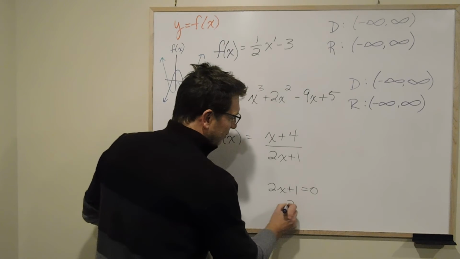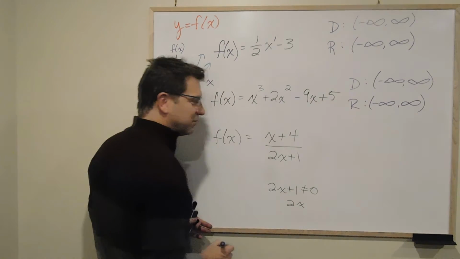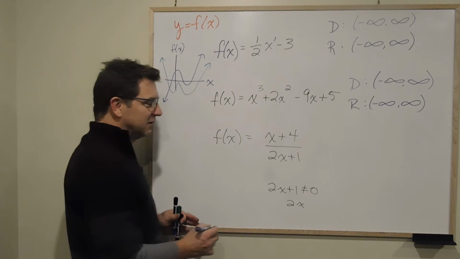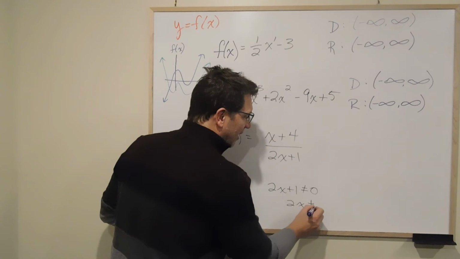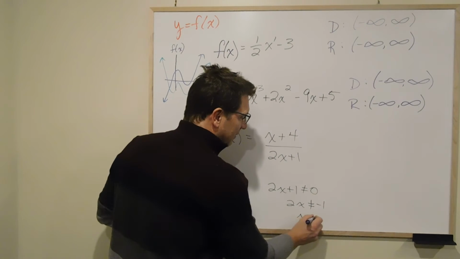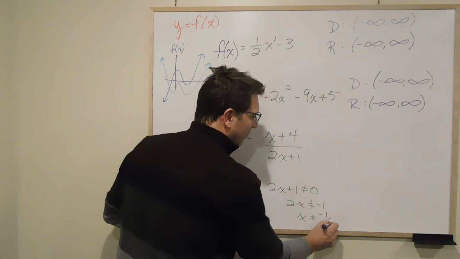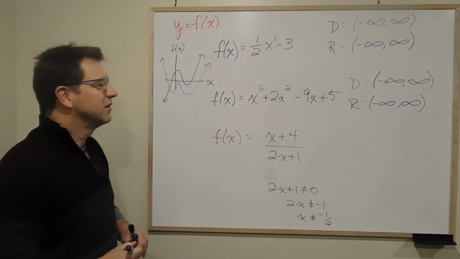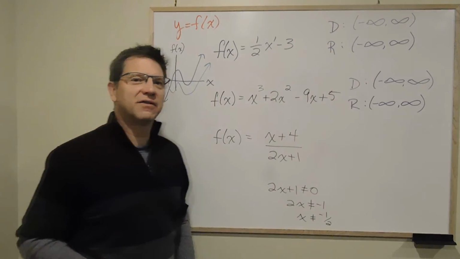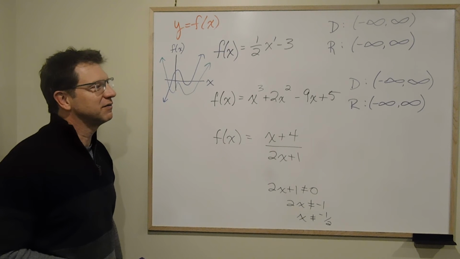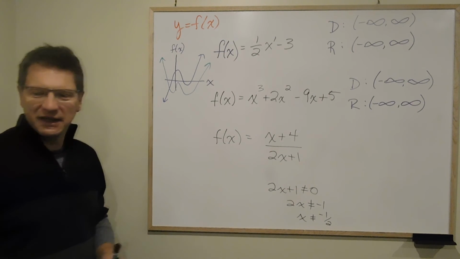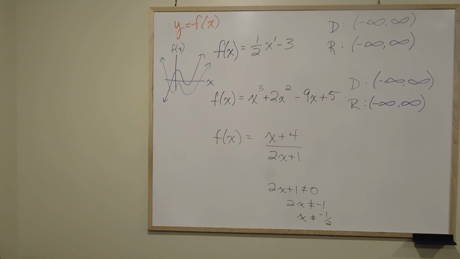So we say, okay, 2x plus 1 cannot equal 0, which means 2x cannot equal negative 1, which means x cannot equal negative 1 over 2. Okay? So we don't have this negative infinity to positive infinity. Okay? Take a second, just kind of see what you think about that one.